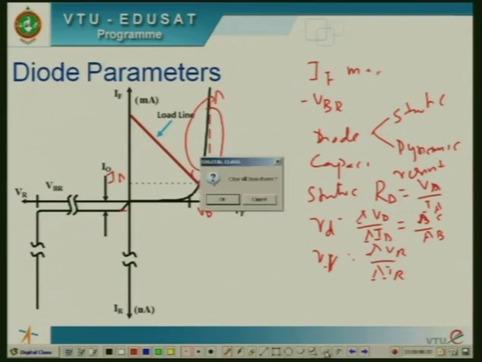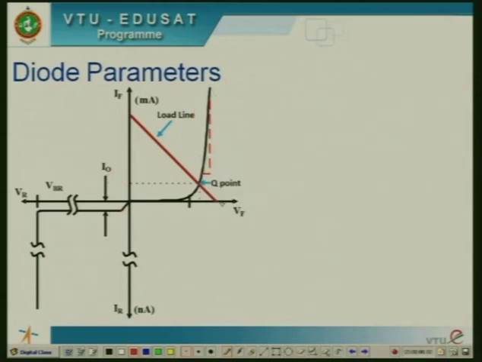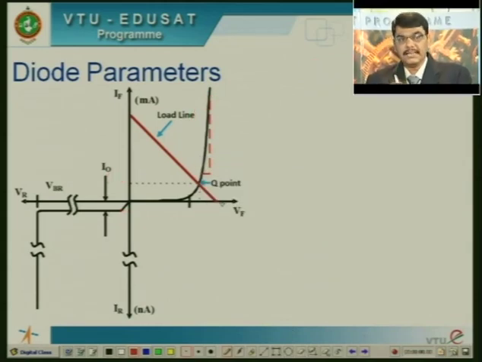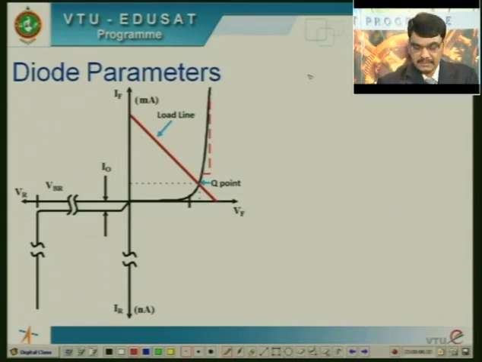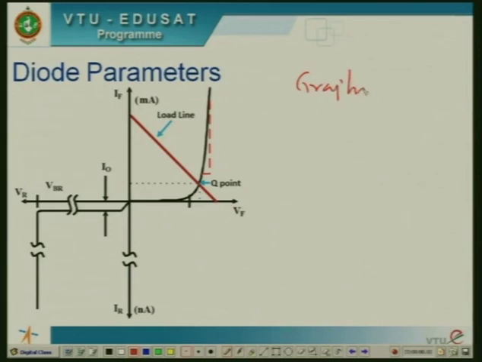And if you want to analyze circuits, the diode can be analyzed by using a graphical method or a circuit analysis. In the graphical method, consider a diode in series with a current limiting resistance.